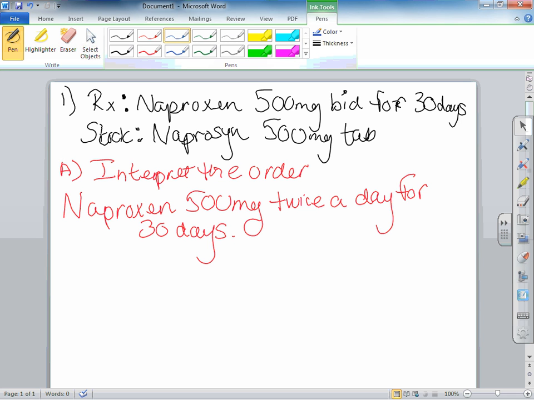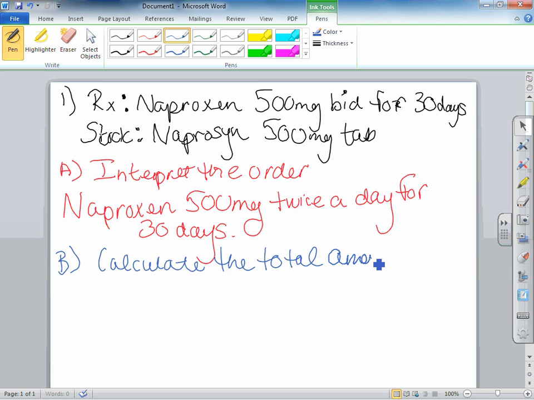So the next section, they want you to calculate. It says how many tablets are needed to dispense for the entire order. So they want you to calculate the total amount of tabs for the prescription.